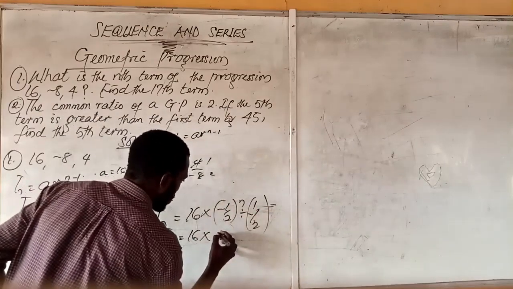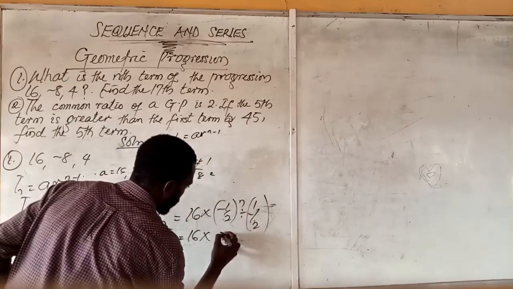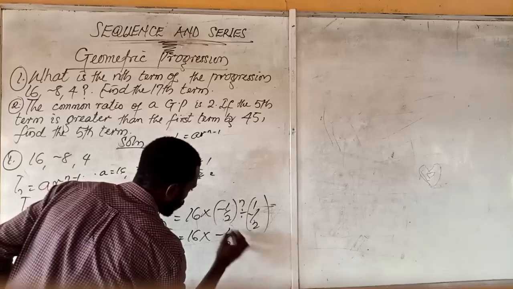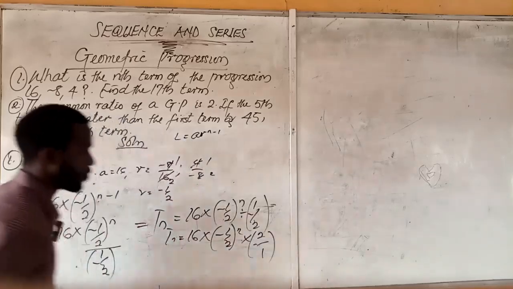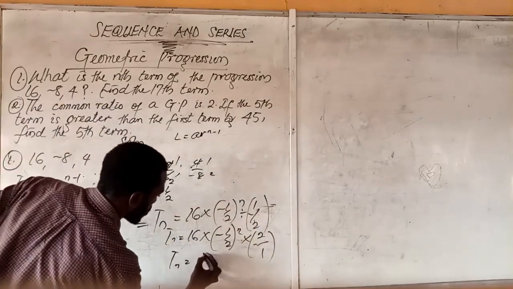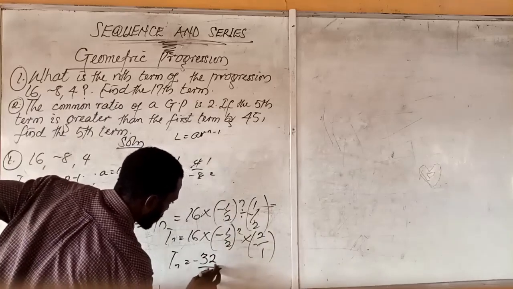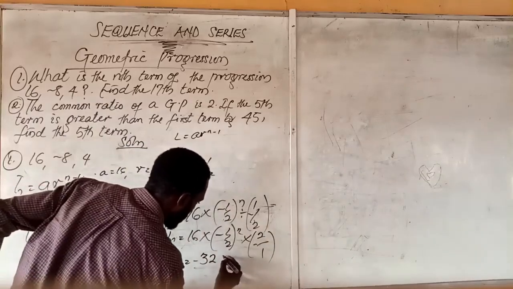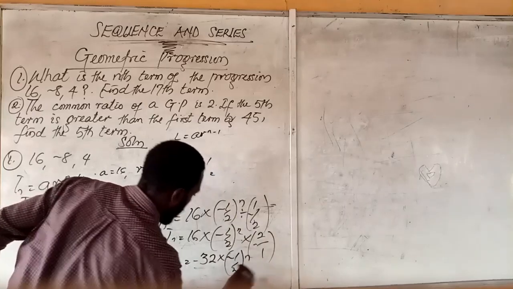Minus 2 over 1. So we can multiply this so that Tn becomes 32, minus 32 over 1, that is minus 32, in brackets, times minus 1 over 2 raised to power n.